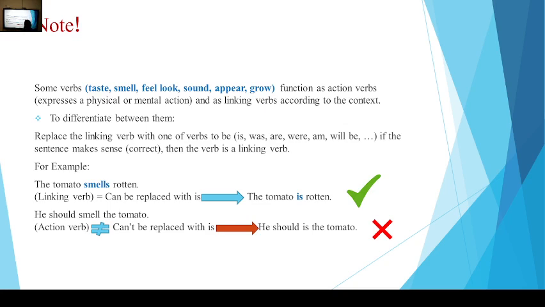Since it can be replaced with a linking verb, it is a linking verb. If you replace it with a linking verb and the sentence doesn't make any sense, then the verb is an action verb. So let's look at the second example. He should smell the tomato. If you replace the verb with the linking verb, he should be the tomato, does it make any sense? No. Then the verb smell here is an action verb.